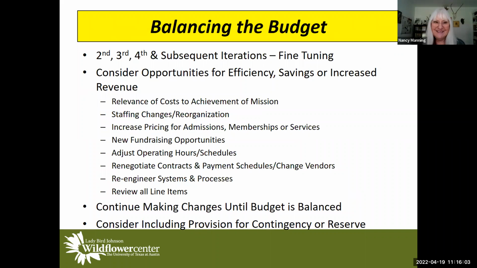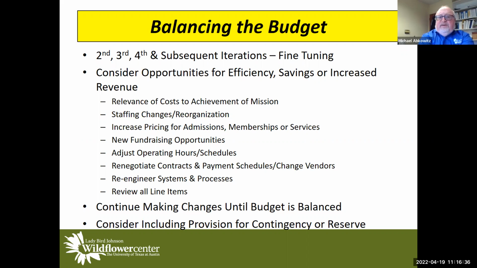That's true. And then, in an iterative process, I do second, third, fourth, or more iterations. When I was at the city, there were 20 different iterations until we finally got that balanced budget. In doing so, you need to consider opportunities for efficiency and savings, and increased revenue. You have to look at staffing changes, reorganizations, possibly new opportunities for fundraising.